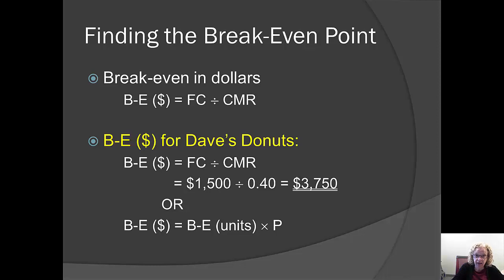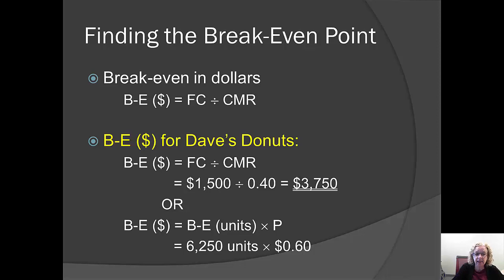Another way to find the answer to this question is to use our original computation of break even, how many units we had to sell, and multiply by the selling price.